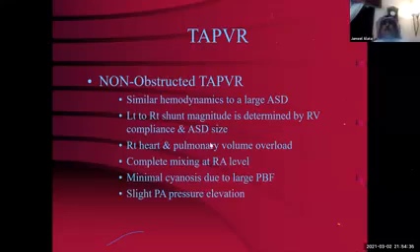So again here, because this is a left to right shunt, yet it is going to the right atrium and the right ventricle during diastole, there will be volume overload on the right heart with dilatation. There's complete mixing at the RA level. There is minimal cyanosis due to large pulmonary blood flow and excellent or complete mixing.